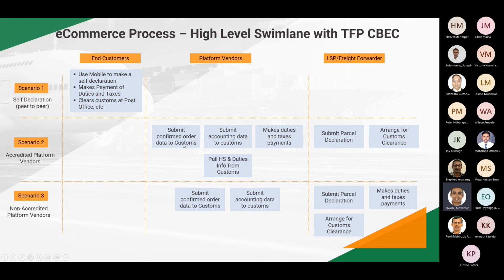As you rightly pointed out, the platform vendors may not have data in terms of HS classifications, right? For those, there's a provision to provide order information, which may not contain HS information from the platform vendors. But when the LSP needs to provide the parcel information, that is one of the fields that is part of the data model that needs to be provided. With that information, the risk assessment could happen appropriately based on the HS code.